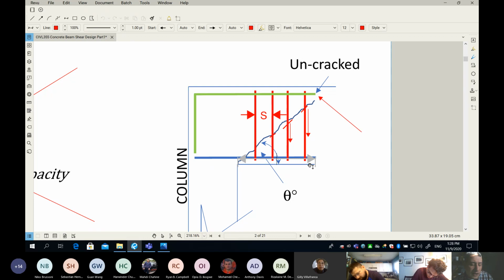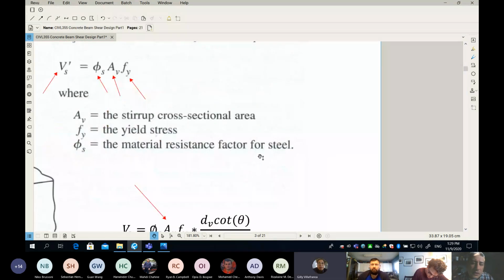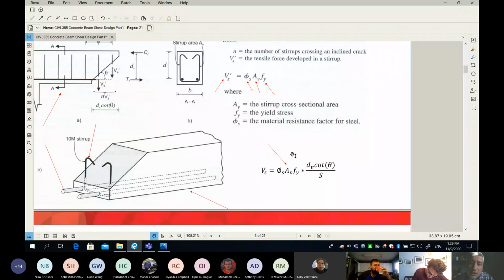If I divide X by S, I get how many stirrups I will need to break. Are you guys following? Yes. And that's exactly what's happening here. You can see this part, there is no invention.